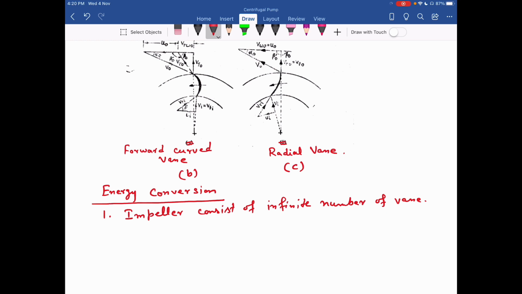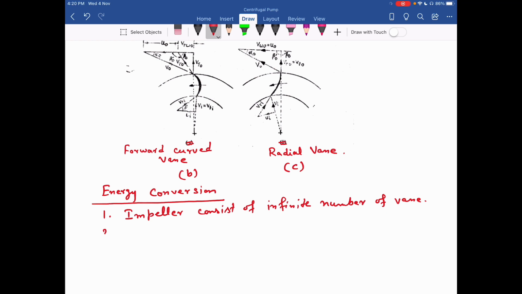Okay. So this is because the water is guided through the vanes smoothly. Then we can assume we have an infinite number of vanes in case of the centrifugal pump on the impeller.